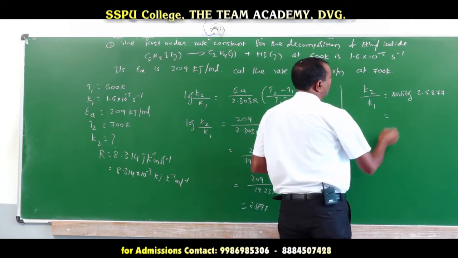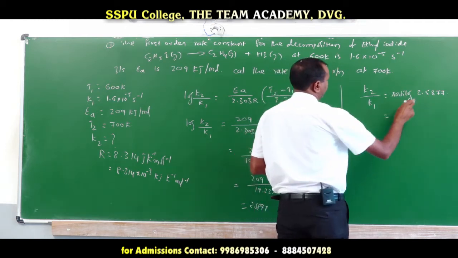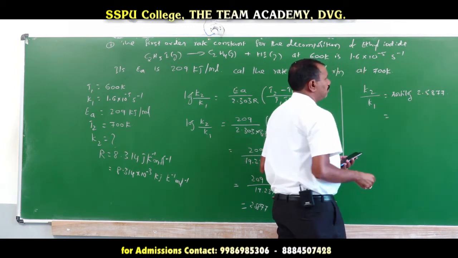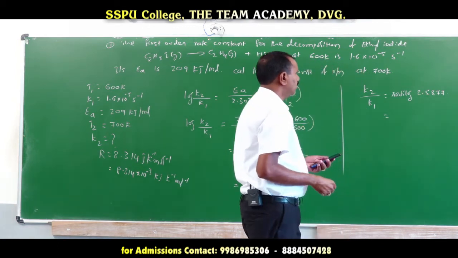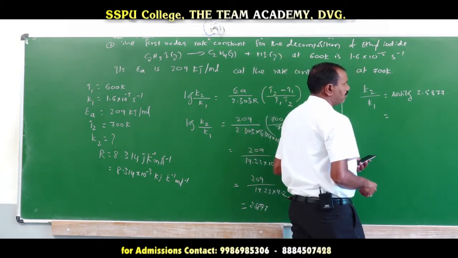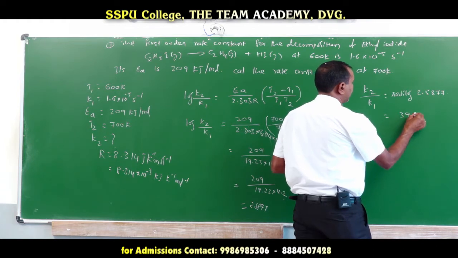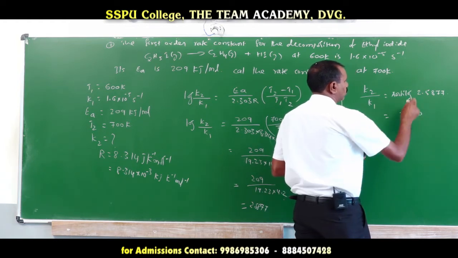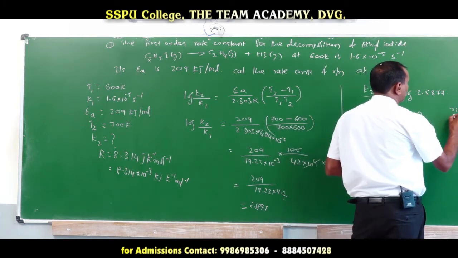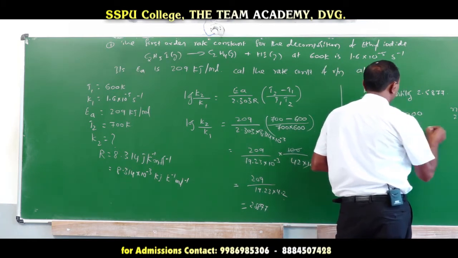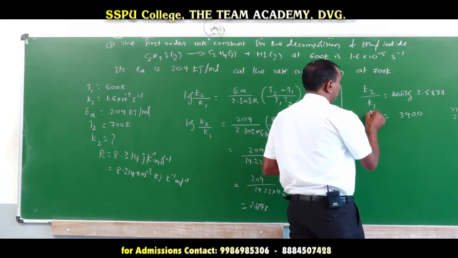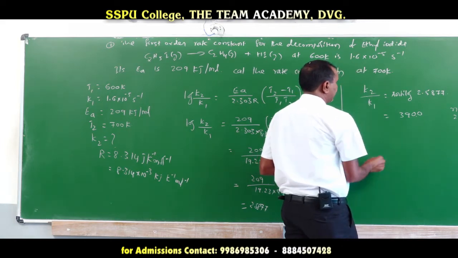The anti-log value for 2.5877 is nearly 3900. By the n plus 1 rule, 2 plus 1 is 3, so after 3 digits I have to put the decimal point. Then K2 by K1 is 390.